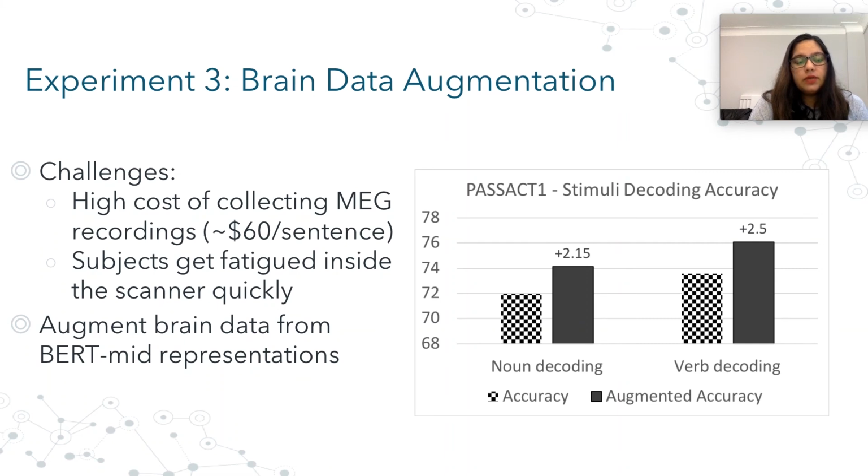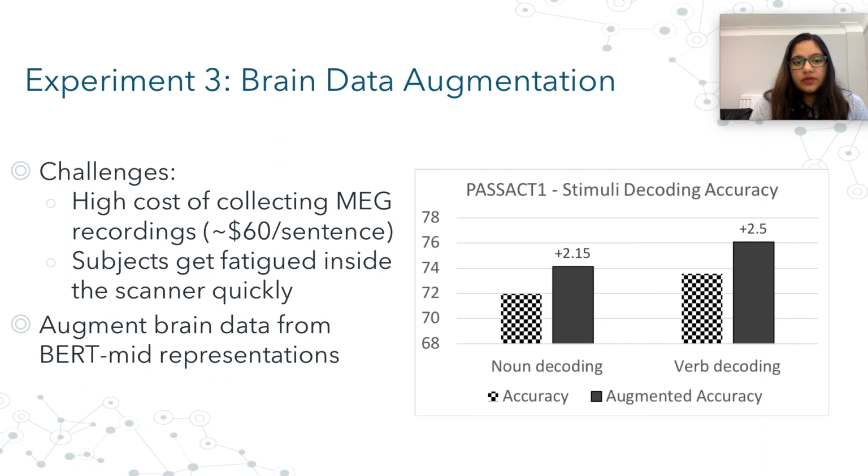We conduct an experiment where in Pass Act 1, we augment the 32 original sentences with an additional 160 sentences which do not overlap with the original 32 sentences. These 160 sentences have the same vocabulary as the original sentences and are processed using deep neural network models.